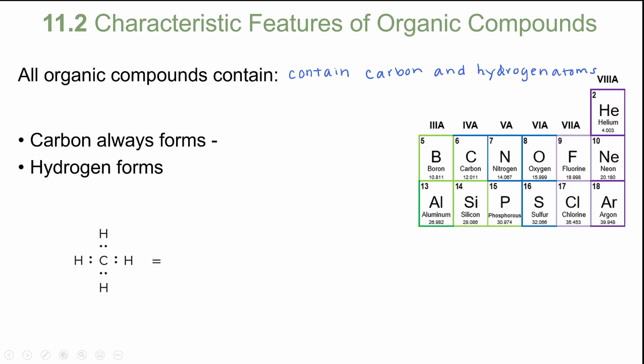Carbon always forms 4 covalent bonds. In the periodic table, it is in group 4A, which means it has 4 valence electrons.